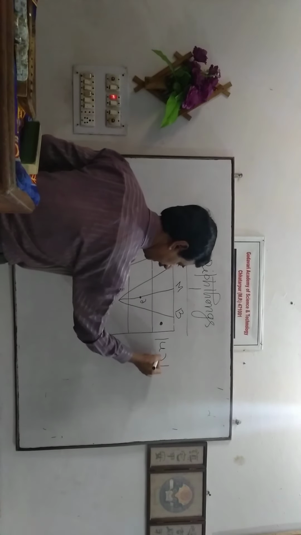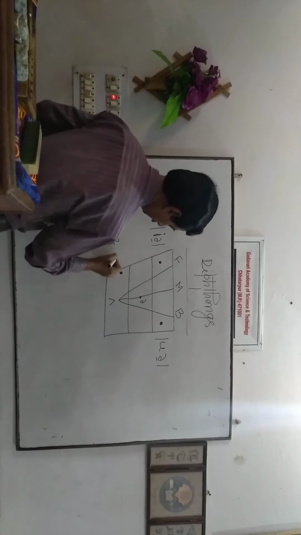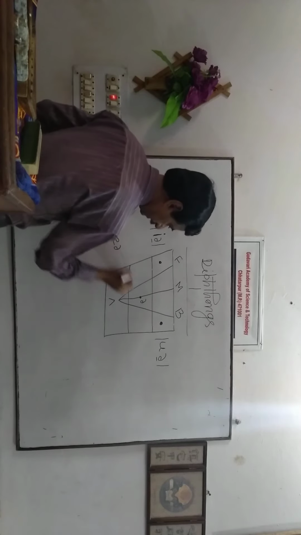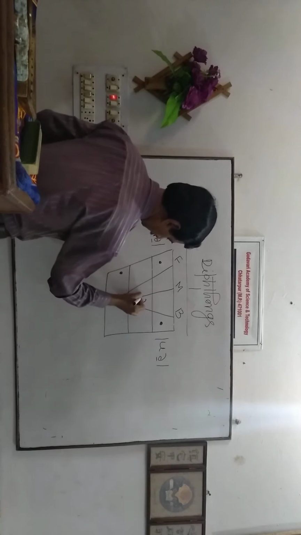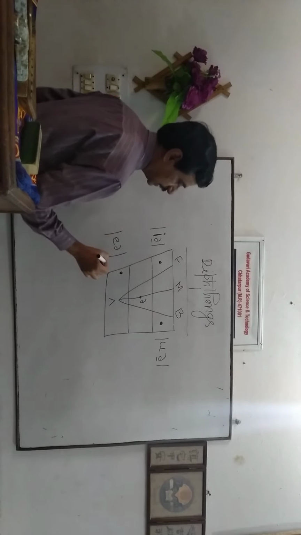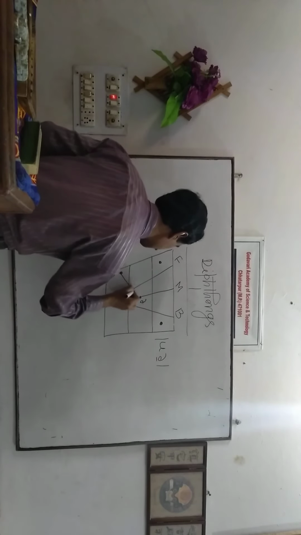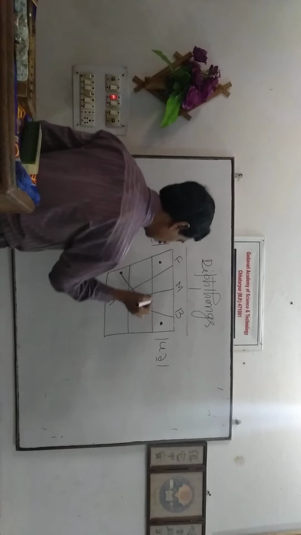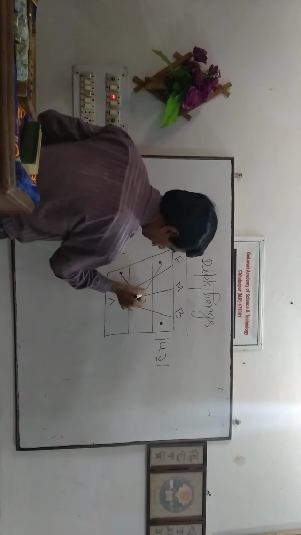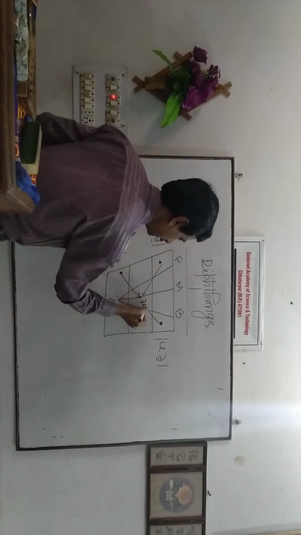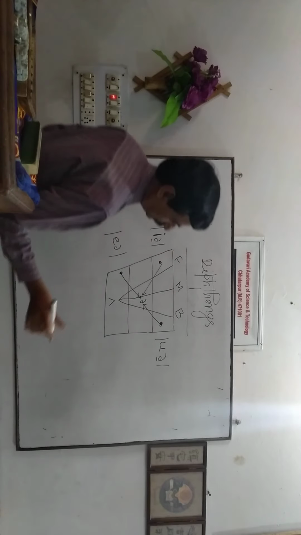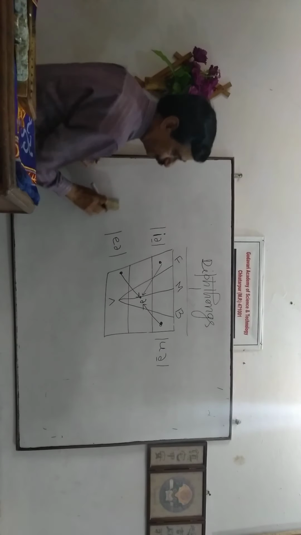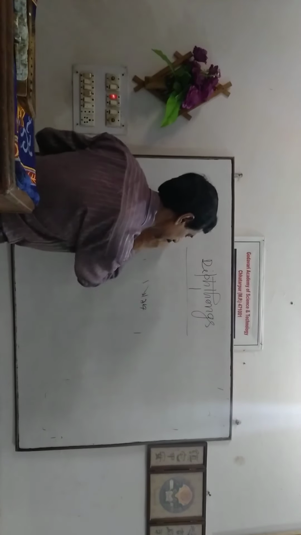You see A here, and EA here. Why are they centering diphthongs? Because they meet at center A. Now second, closing diphthongs.